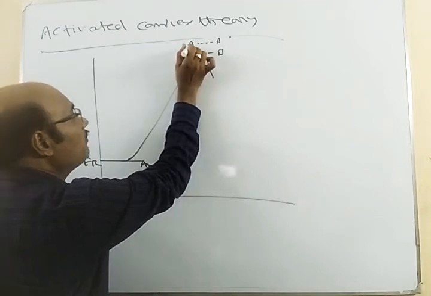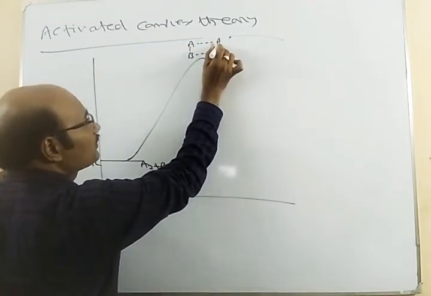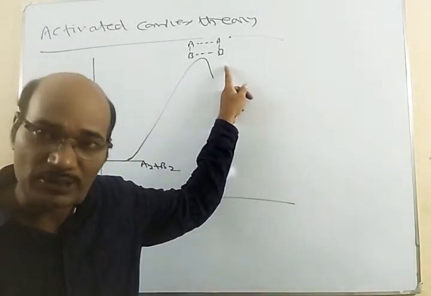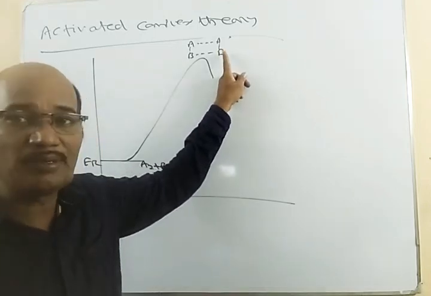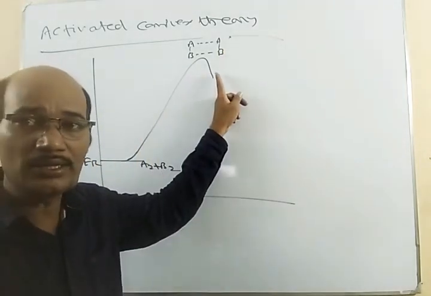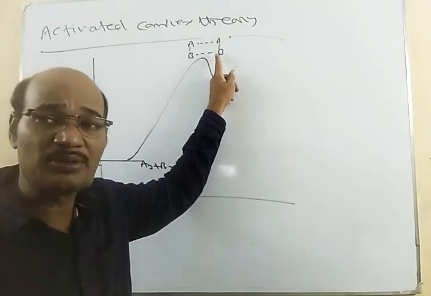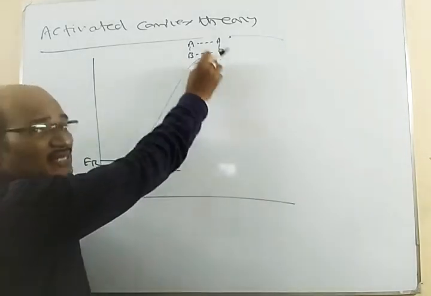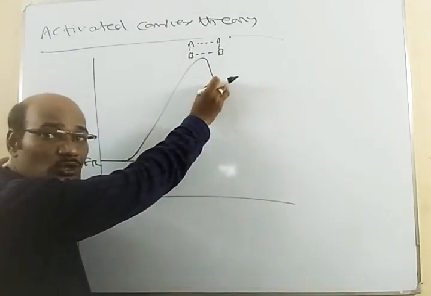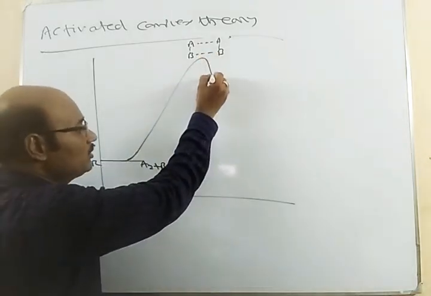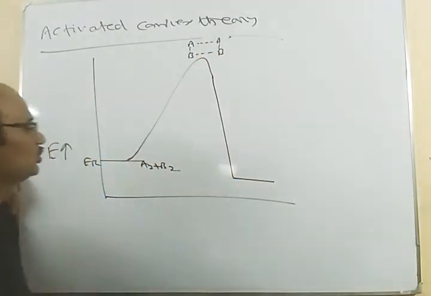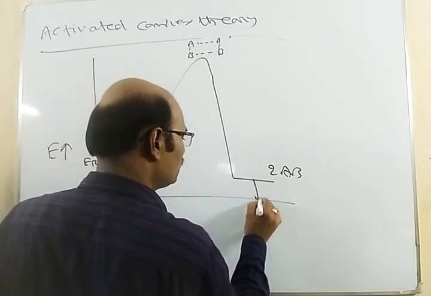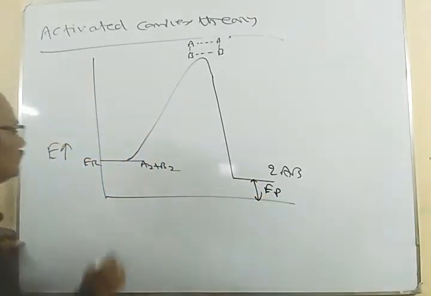At the same time, A-B bond is making and another A-B bond is making. This is called the activated complex, and this complex is at the highest energy state. At this stage, this activated complex has only a transient existence. Once the molecules reach this level, they start to release energy and come to the next, stable state. So this is 2AB, this is called EP.